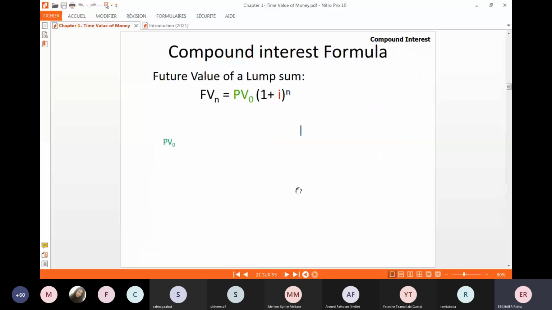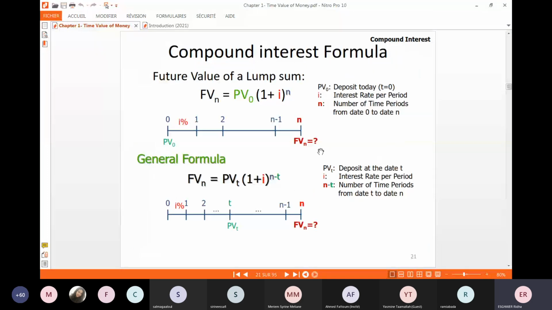So the general formula will be: if we invest an amount PV0 today at an interest rate I for n years, n periods, the future value n will be the present value 0 times 1 plus I, power the number of time periods from 0 to n. From 0 to n, we have n minus 0 periods. So it will be power n.